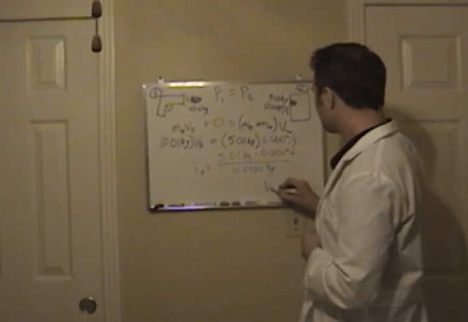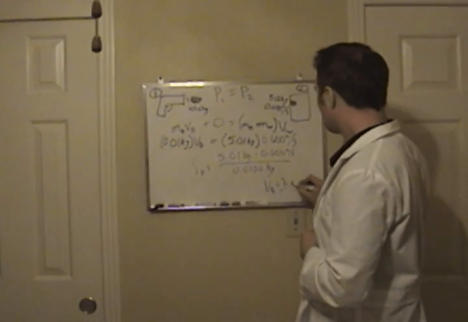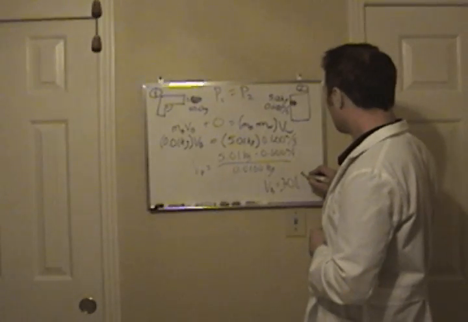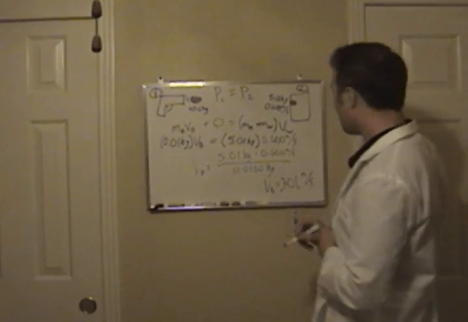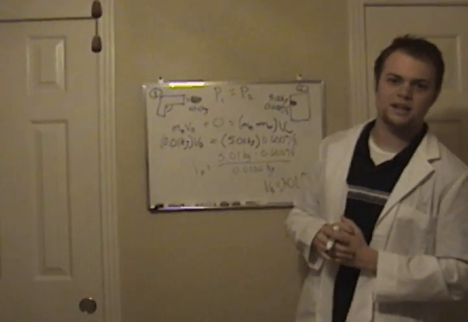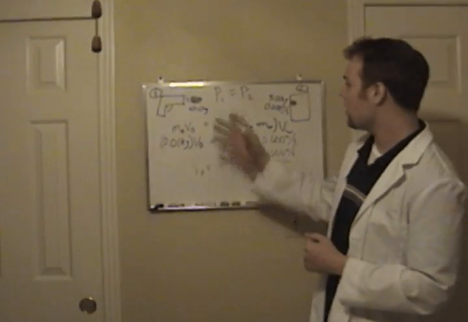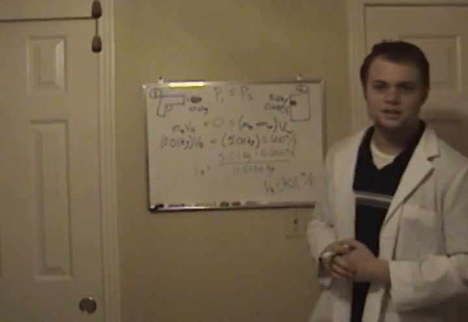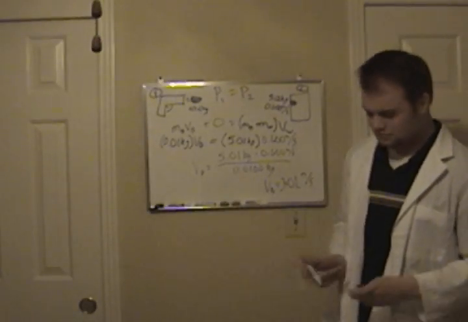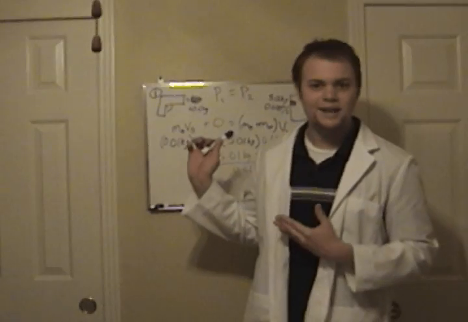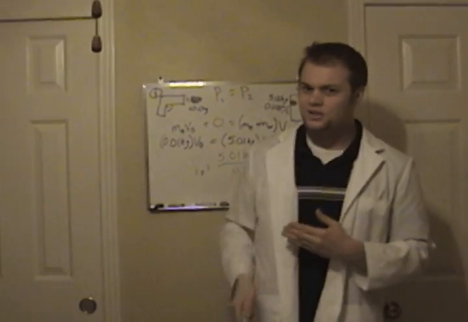We get an answer of 301 meters per second. That's the velocity that the bullet was initially moving at. Great. So we know how the problem works. We know the physics behind it. Let's go out and actually do it.